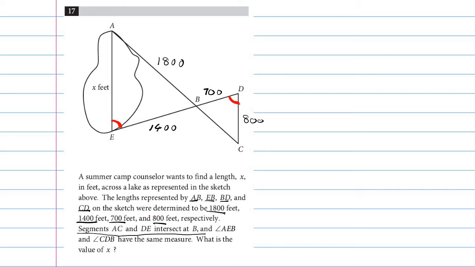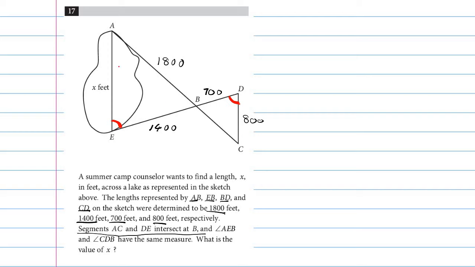So you have this diagram, and you are supposed to find x. When you have a diagram like this where two angles are equal, it's very possible that what you're looking for is similar triangles. Similar triangles help you find unknown lengths of a triangle.